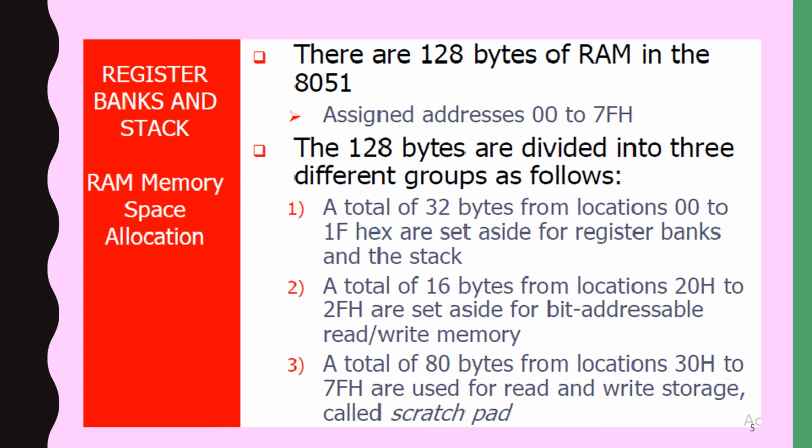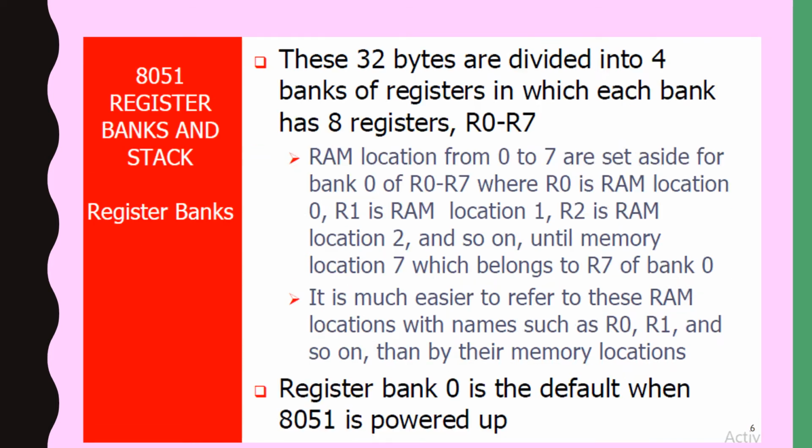A total of 16 bytes from locations 20H to 2FH are set aside for bit addressable read-write memory, and a total of 80 bytes from locations 30H to 7F are used for read and write storage called scratchpad. So this is the basic arrangement.